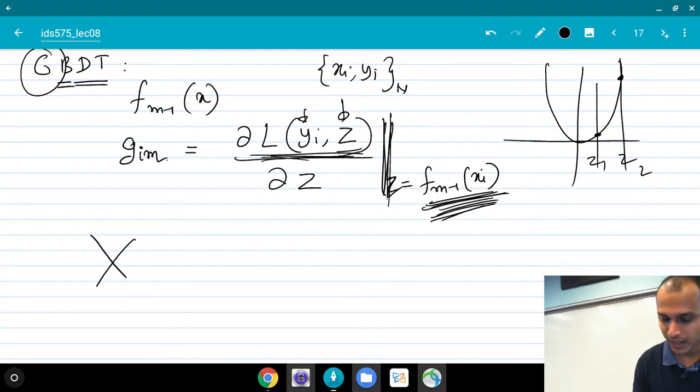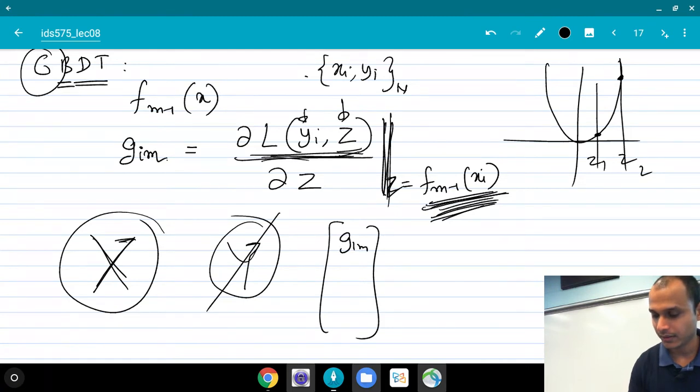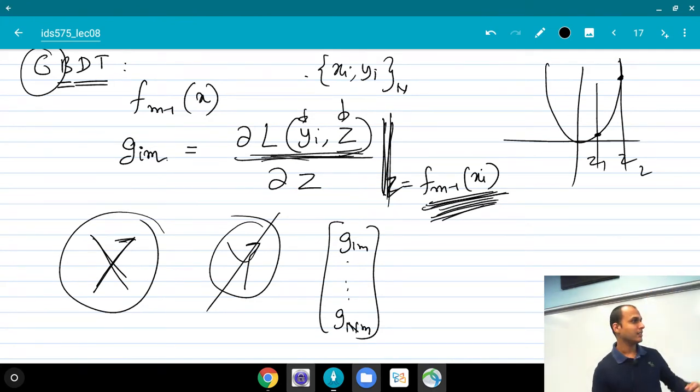Then you have data x and y. You drop the y and just concatenate all the g_{1m} all the way to g_{nm}. So you found a gradient for each observation. G was a scalar because the whole z is a scalar.